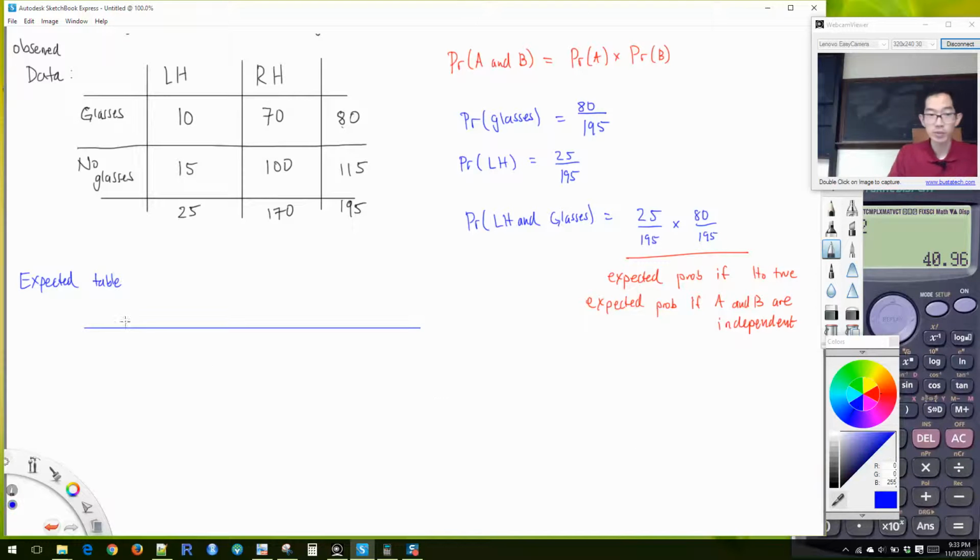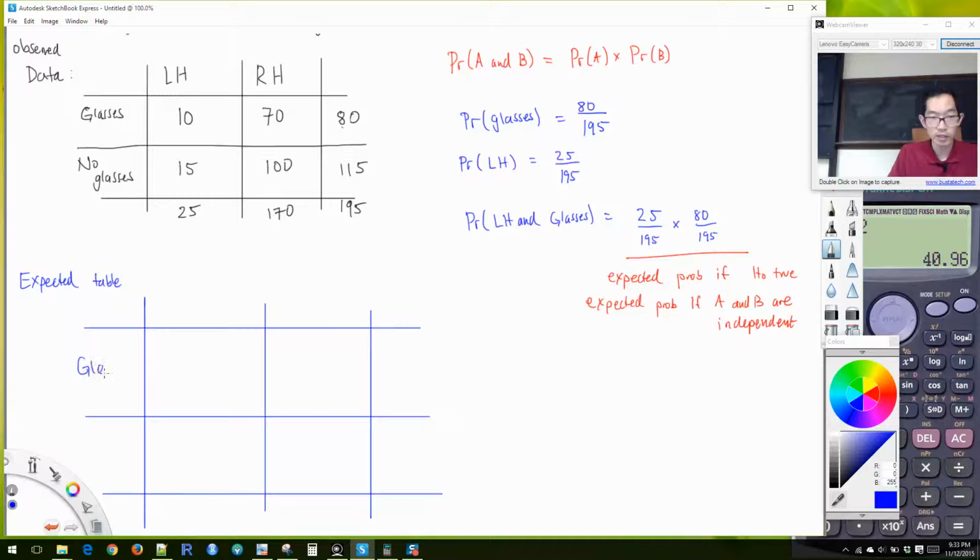Okay, so let's create our expected table. Okay, so I've got glasses, no glasses, left hand and right hand. Okay, so the expected probability of ending up in this square is going to be 25 over 195 times 80 over 195. Okay. But that's the probability. What would our expected count be?